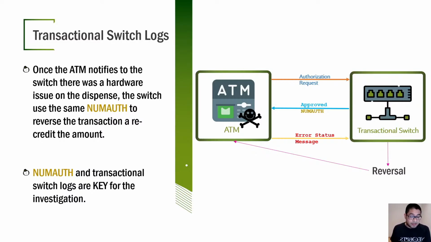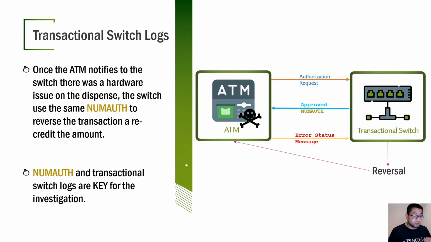But at some point, as we saw in the previous example, we have an error. Something happened in the hardware, and the ATM informed the transactional switch, hey, you authorized this transaction, I accepted the authorization, I was going to give the money, but something happened with the dispenser and I don't know what happened to the notes. So I am sending you this error, so you will make a reversal because the customer will need the recredit of that amount.